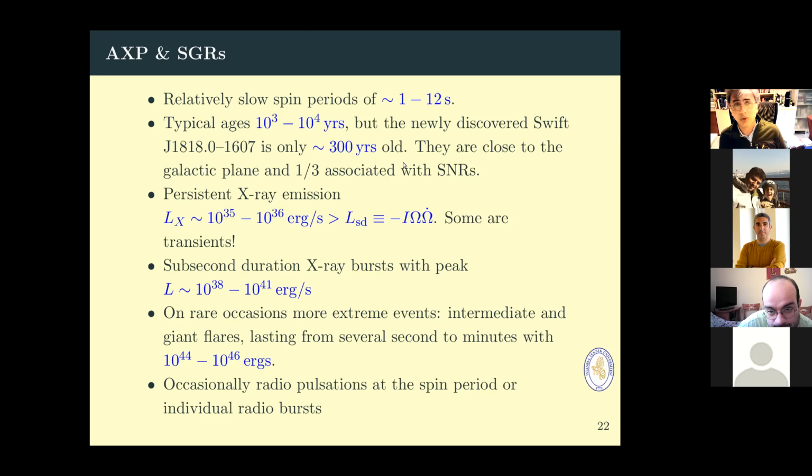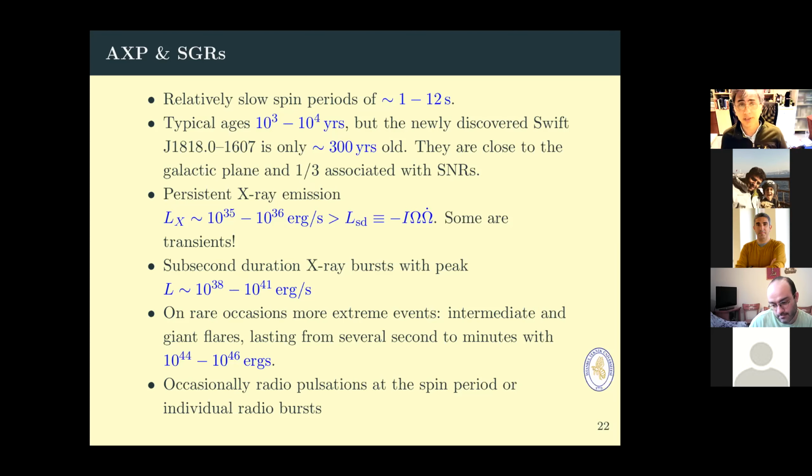This young age is also indicated by their proximity to the galactic plane and the association rate of supernova remnants with these objects. Among rotationally powered pulsars altogether, association with a supernova remnant is very rare, only 10% or so.